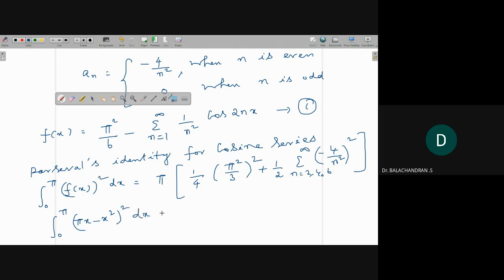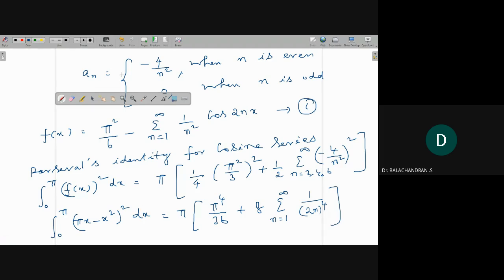The right hand side is what? Pi into pi power 4 by 9 into 4, 36, plus 16 by 2 is 8, summation n equal to 1 to infinity, this is actually 1 by n power 4. Replace n by 2n, that is 2n power 4.